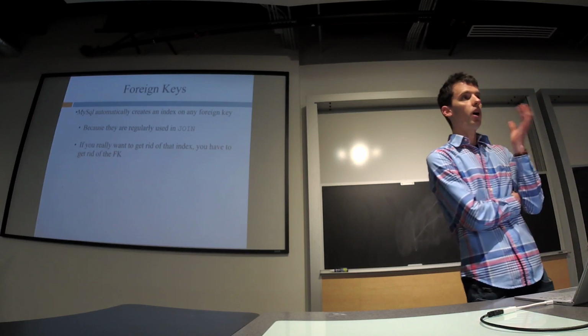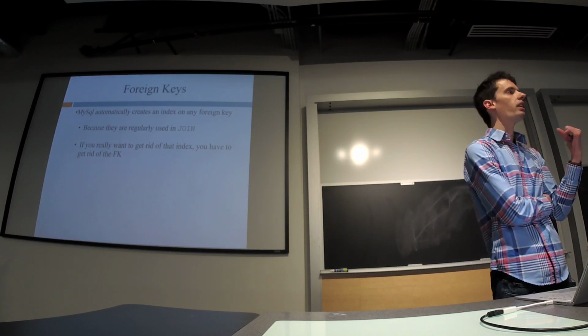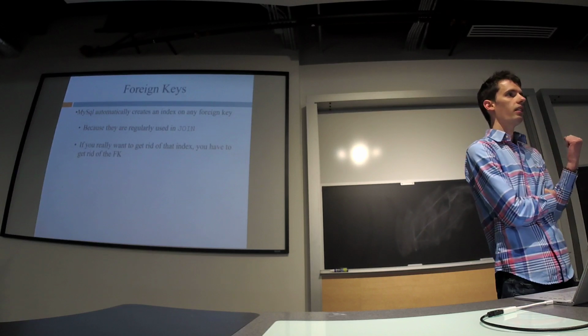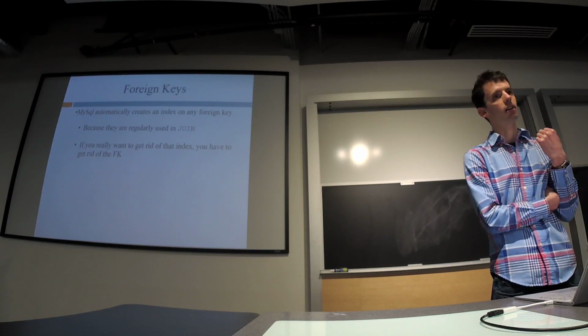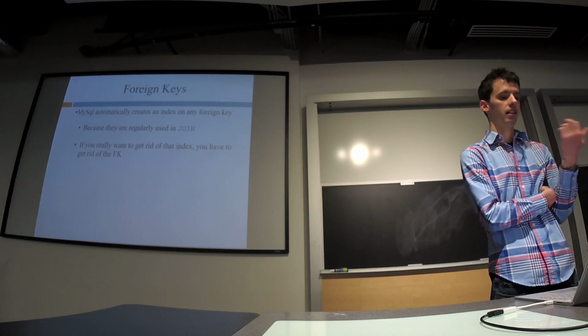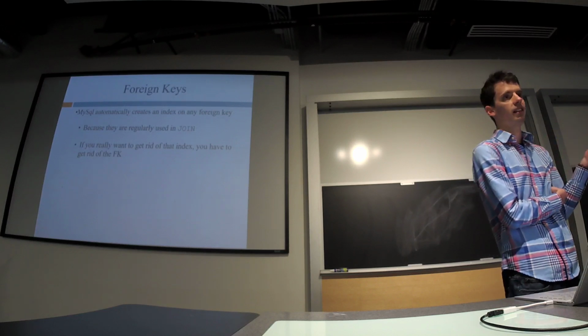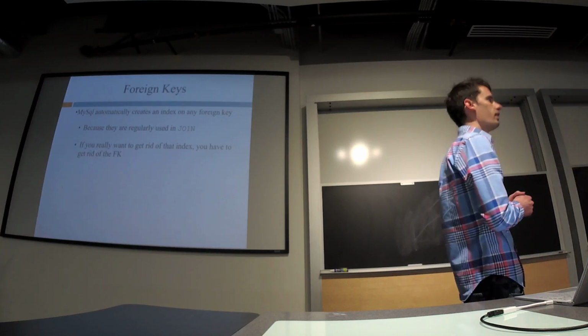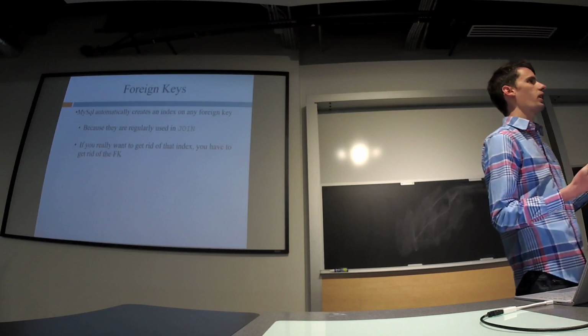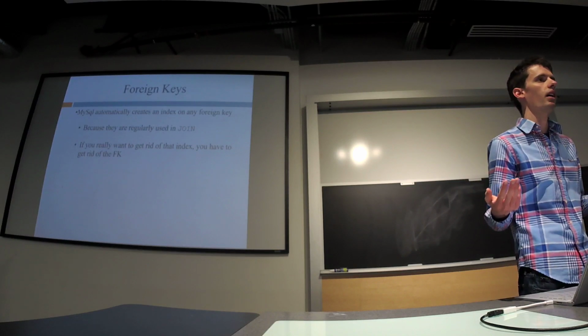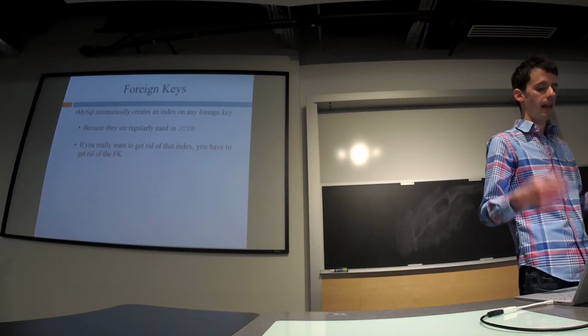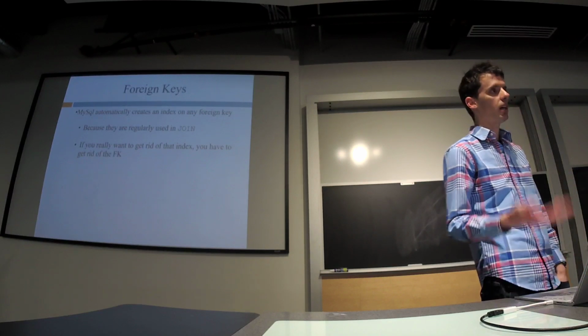So if you want a foreign key for those reasons, but you're not actually going to be joining on that column, then unfortunately you just have to not make it a foreign key. You can't have both. Or just make it a foreign key and accept that there's going to be an index there, even if you never use the index. It'll take up some space.